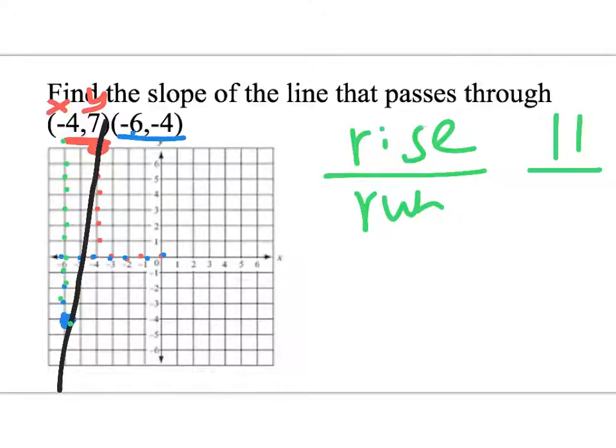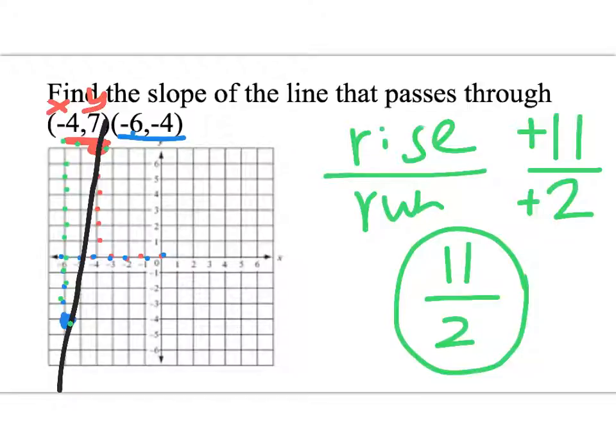That would be my rise. It's up, so it's positive. Okay, and then I'm going to count over 1, 2, till I hit the red point. To the right is positive, so my slope would be positive 11 over 2. That doesn't reduce or divide, so I'm going to leave it like that as top heavy.